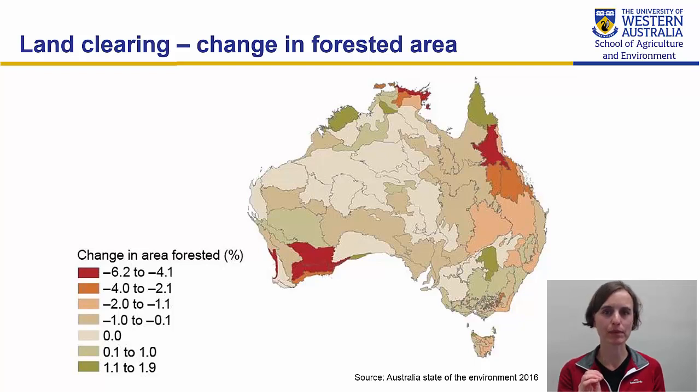The next couple of maps I've sourced from the State of the Environment Report 2016, and it has a section on land clearing. This first map shows you a change in forested area. So this is a change. A positive number would be an increase in forested area, and a negative number is a decrease.